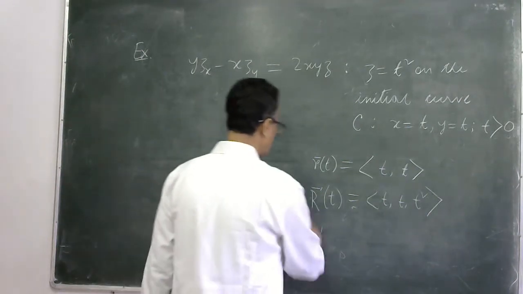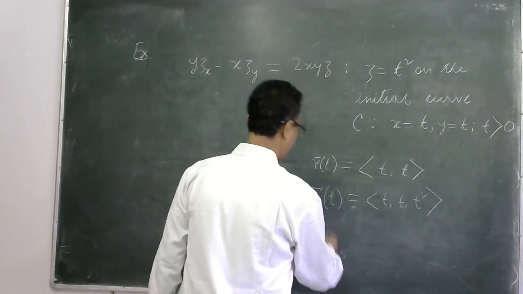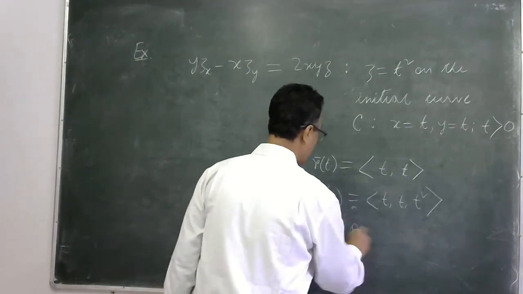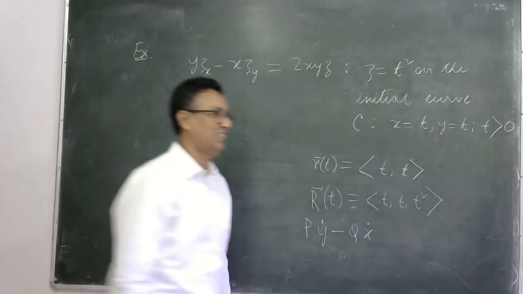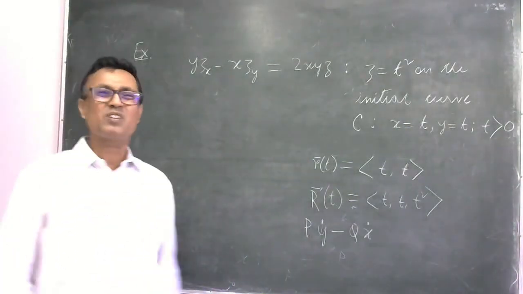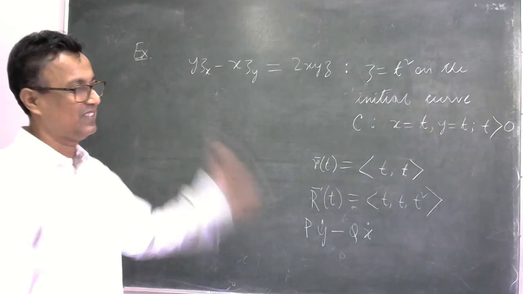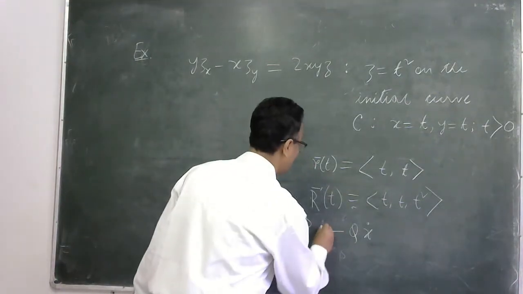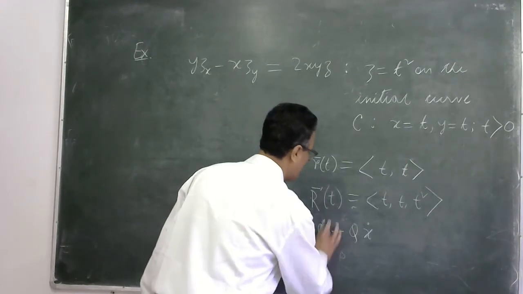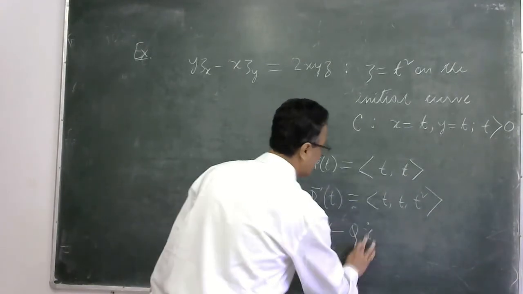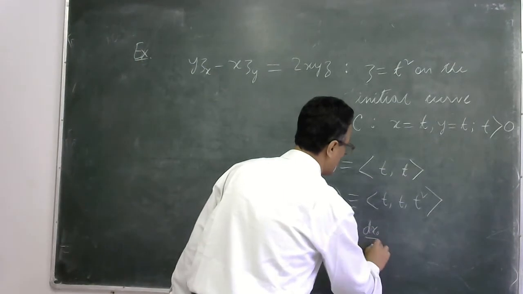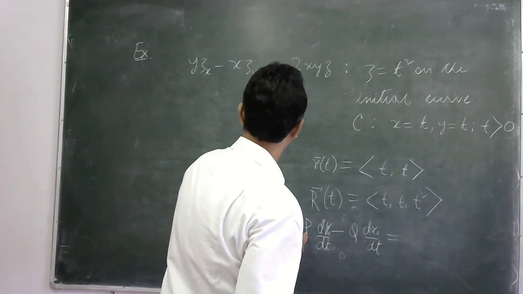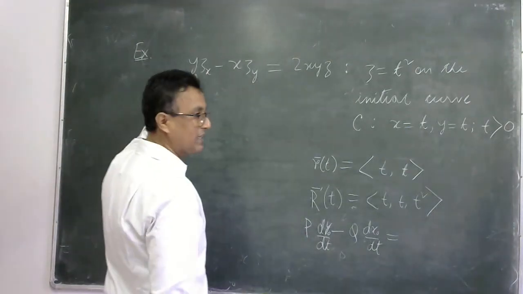You have to find out p dy/dt minus q dx/dt. Dot means derivative with respect to time generally.